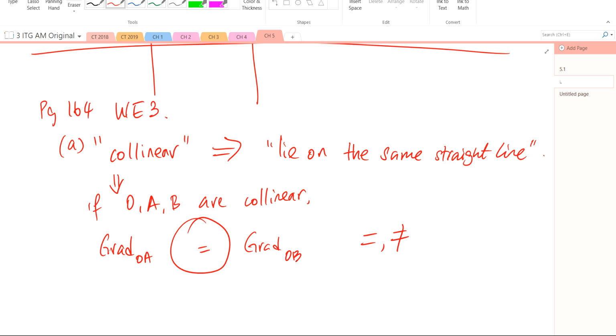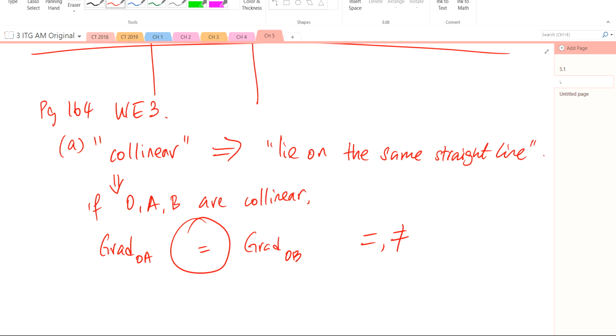Does equal gradient imply they are collinear? Listen to the question again. Does equal gradient imply they are collinear? It doesn't, right? Why? Parallel lines have equal gradient, but they are not collinear.